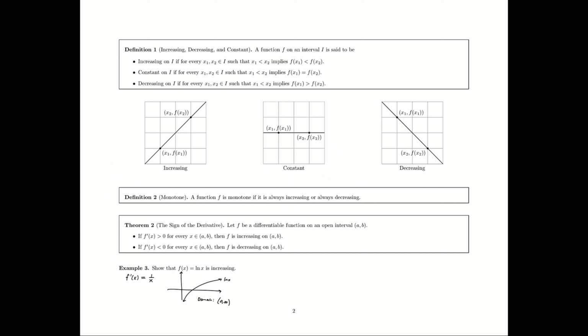So because this function's only defined for positive numbers, the fact that its derivative is 1 over x, and sure, 1 over x in and of itself does have a domain of all numbers except 0, but because we are relating this derivative to its parent function, the natural log of x, and the natural log of x's domain is only positives, we can say that this is greater than 0 for all x in 0 to infinity, which is the domain of natural log of x.